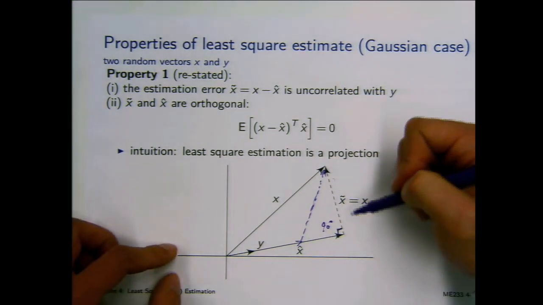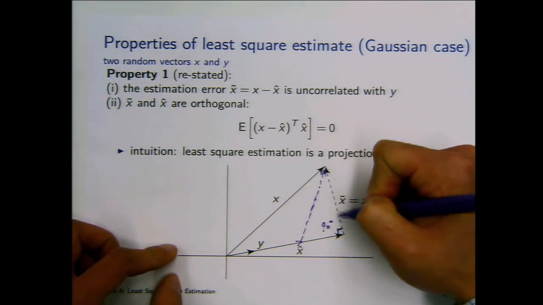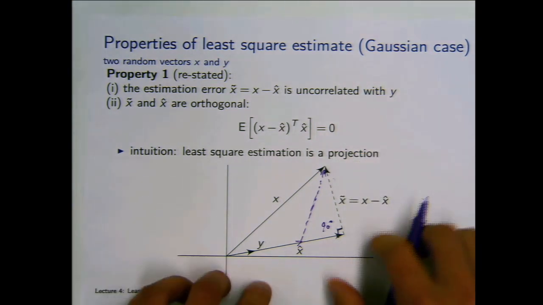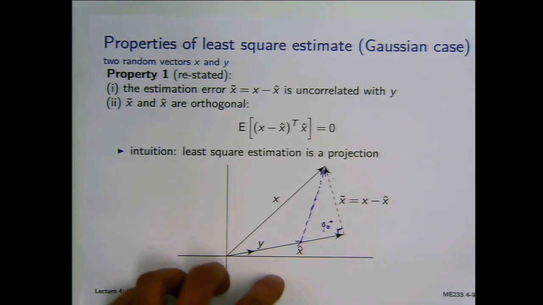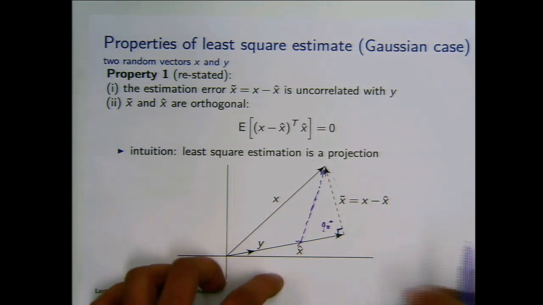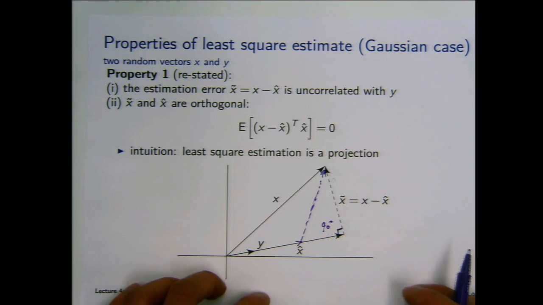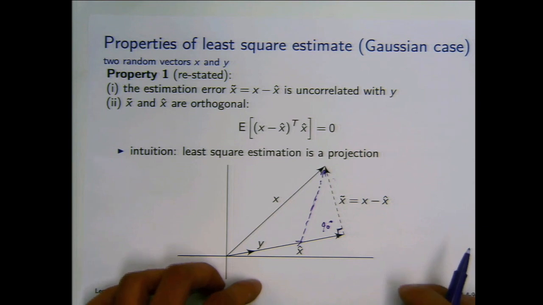In this case, it's harder to explain in this picture, but if you write out the definition of these two, you will immediately get the difference. If they are orthogonal, they are uncorrelated, yes.